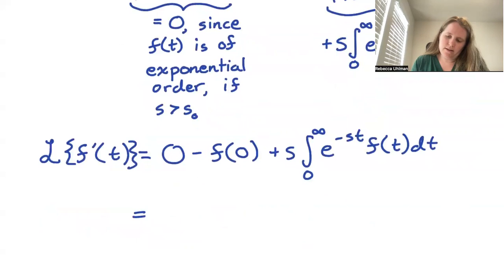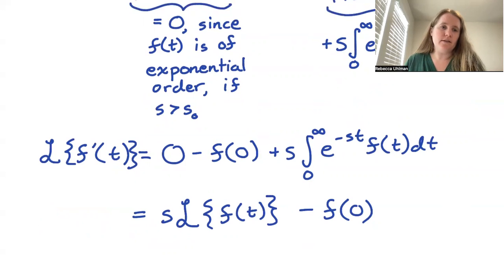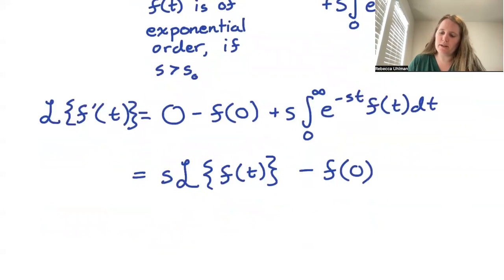So we get s times the Laplace transform of f of t minus f of 0. This is a sketch of the proof in the case where f prime is also continuous. When f prime is piecewise continuous, you have to break your integral up into a bunch of smaller integrals, since the fundamental theorem of calculus requires continuity. But we will only worry about this one particular case for the proof.